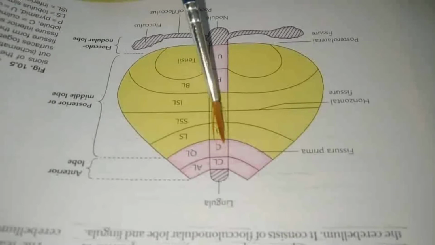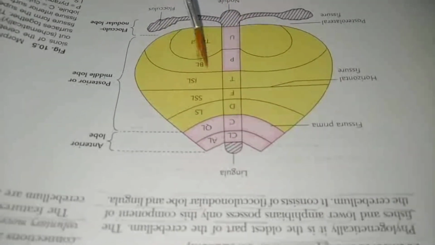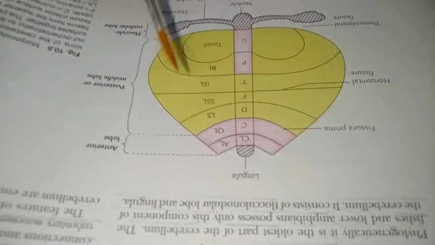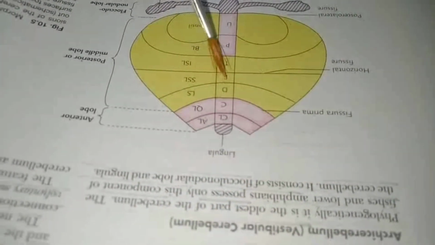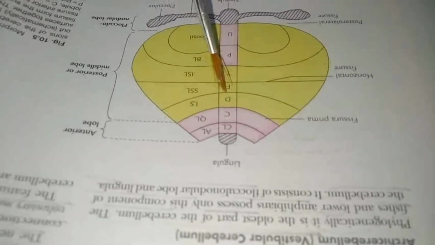Then comes the culmen, its lateral projection known as the quadrangular lobule. Then this yellowish color is the posterior lobe. This pyramid and uvula are also posterior lobe. So in that, from above downwards come the declive, folium, tuber, pyramid and the uvula.